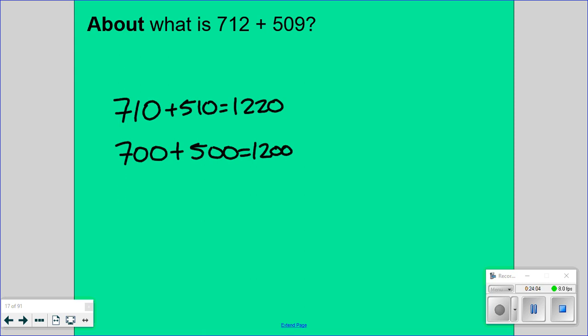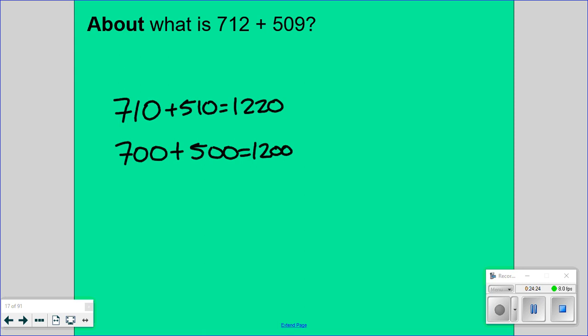Perfect. It sounds very similar to what Connor just did. We just did our hundreds. I love how Mason's explaining that. I'm going to repeat what you said, Mason, because I think this might help other friends. Make sure I'm saying it right. Mason reads this problem, and he says 712, too hard.